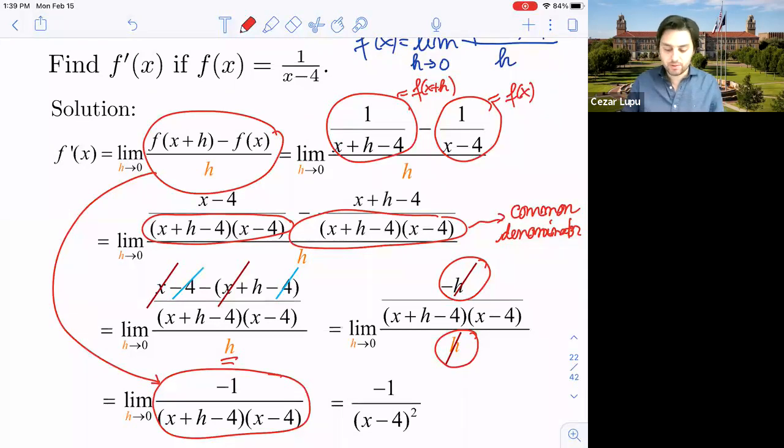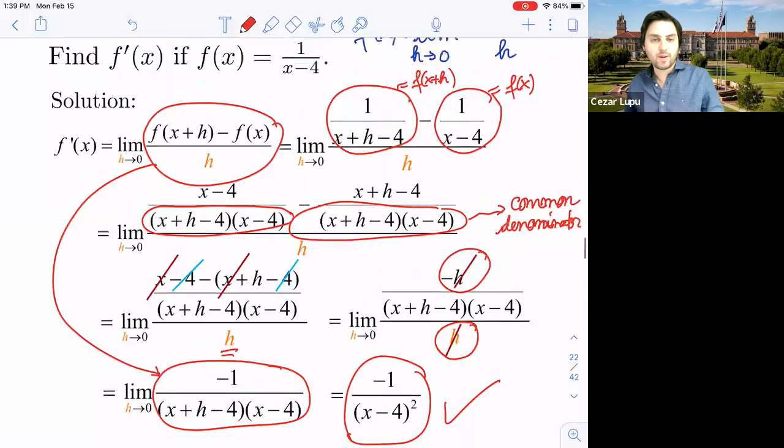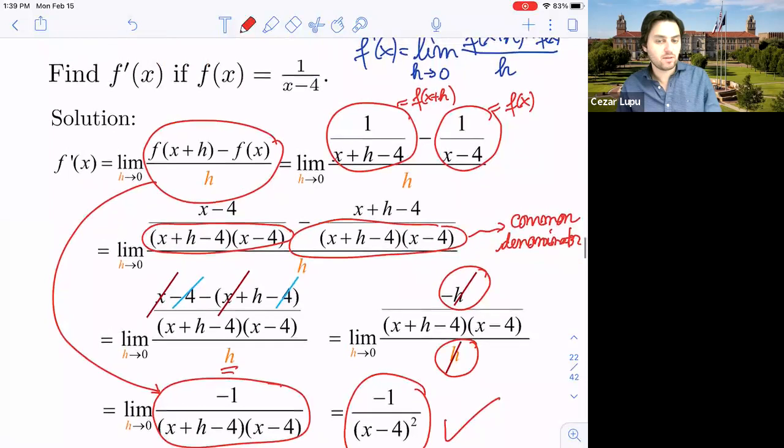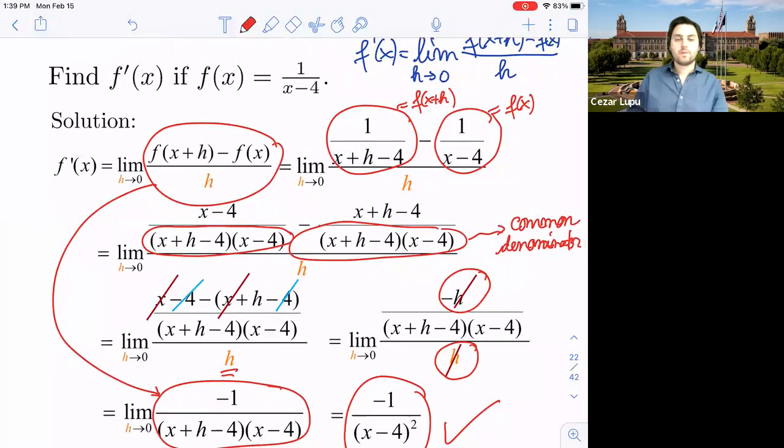And the final result will be negative 1 over x minus 4 squared. So that's the final result. So it's just algebra. Using the definition, this is just algebra. Is it clear for everybody?